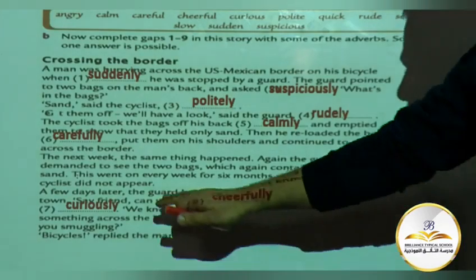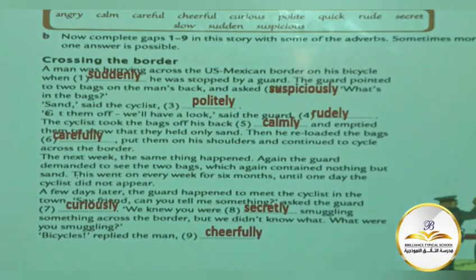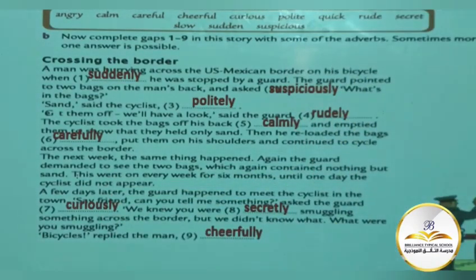The next week, the same thing happened. Again, the guard demanded to see the two bags, which again contained nothing but sand. This went on every week for 6 months until one day the cyclist did not appear.